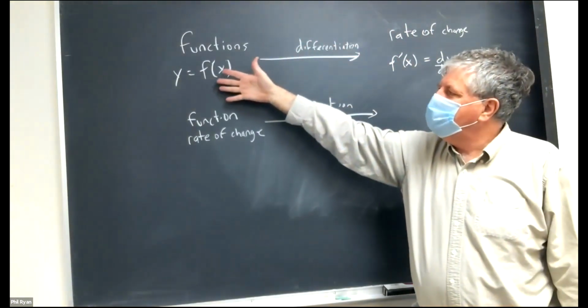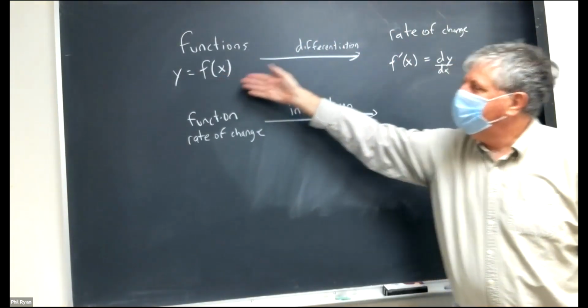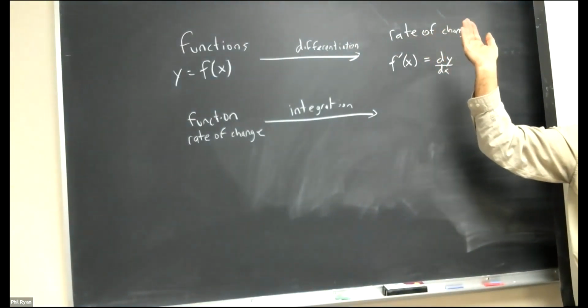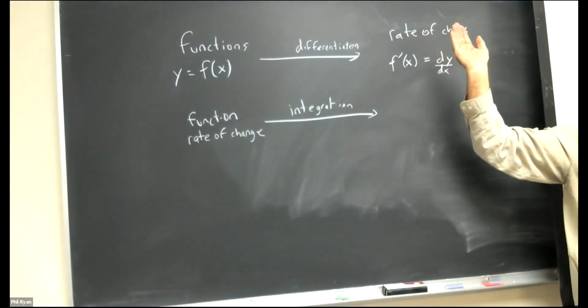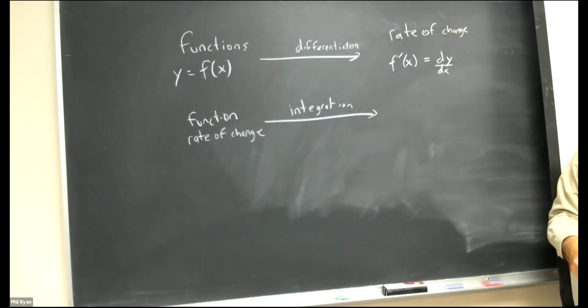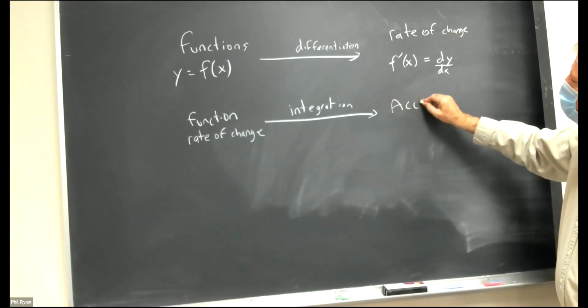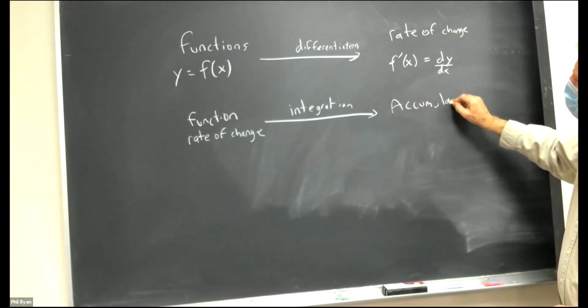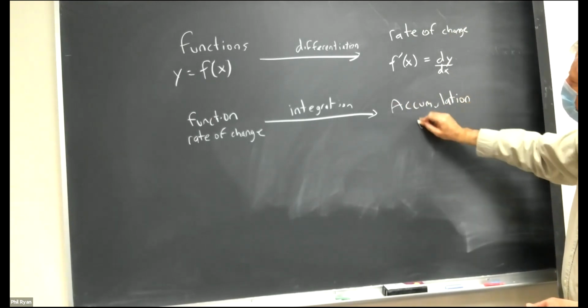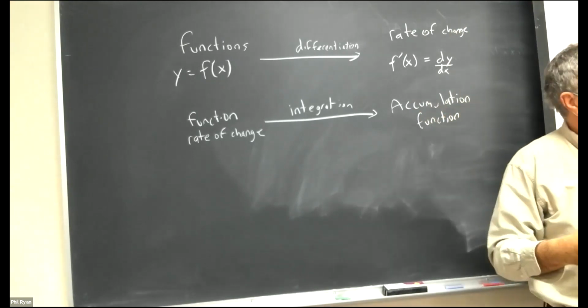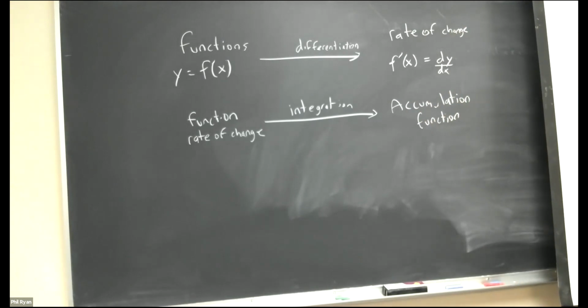Something measures something, and then we get a rate of change, so it's something per whatever the input is, per time or per distance or whatever. So what we get here, we could call an accumulation function, just to call it something to describe what it is.